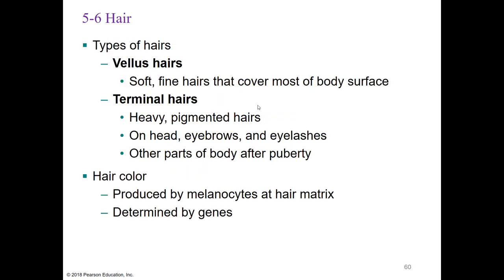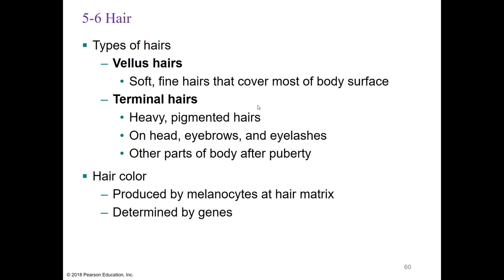So there are a couple of types of hair. We have vellus hair, which is soft and fine and colorless. So this would be what you find on ladies on your face. It's like peach fuzz. On your, again, ladies, on your neck, on your chest, on your back, all peach fuzz.